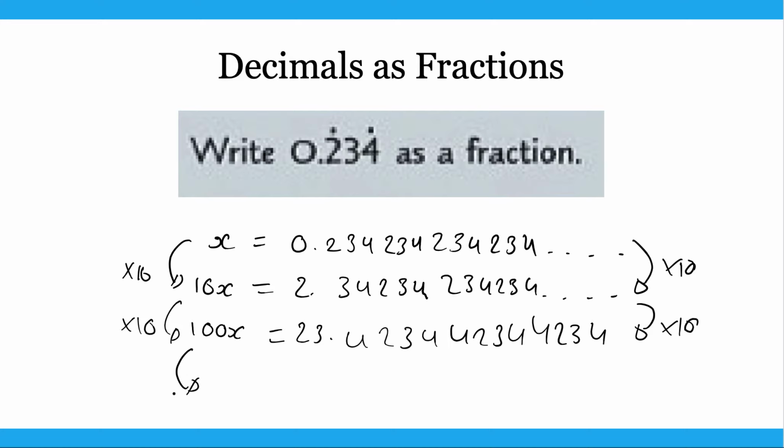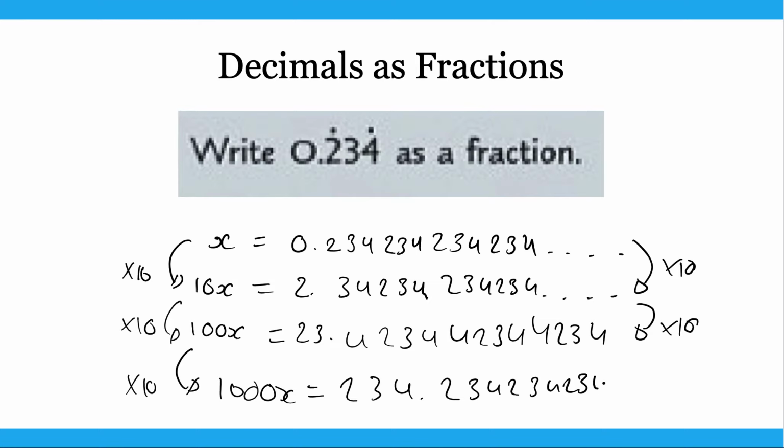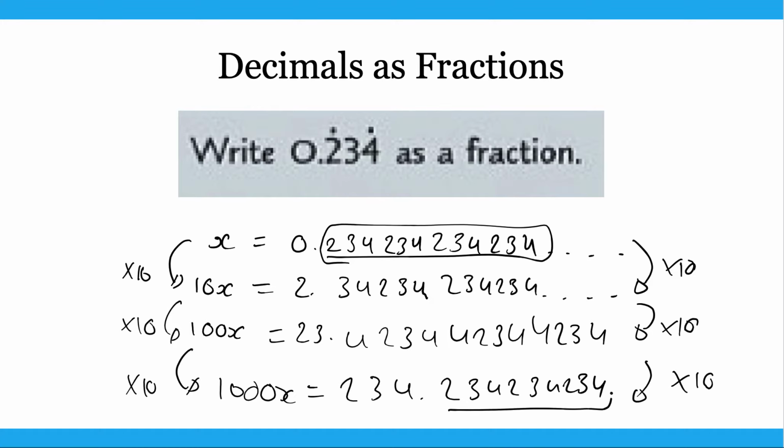And let's multiply this by 10 again. We have 1000x. This would be 234.234234234. And as you can see, this x has these numbers after the decimal point over here, 234s, and again over here we have 234s after the decimal point.